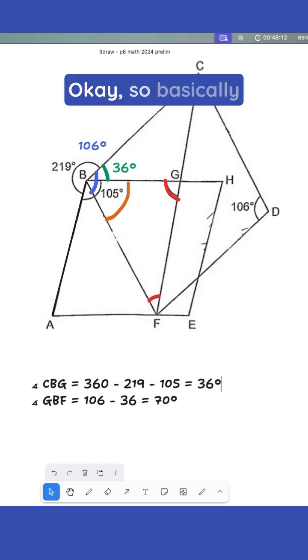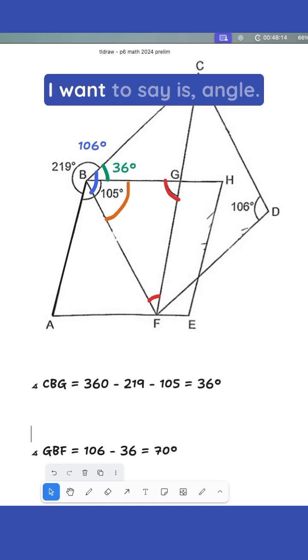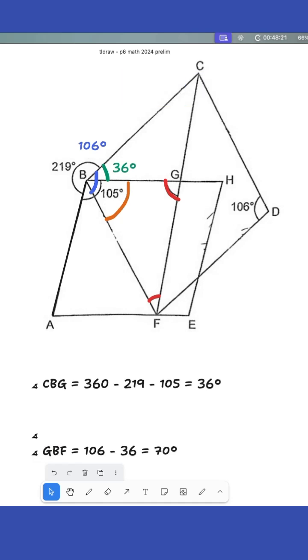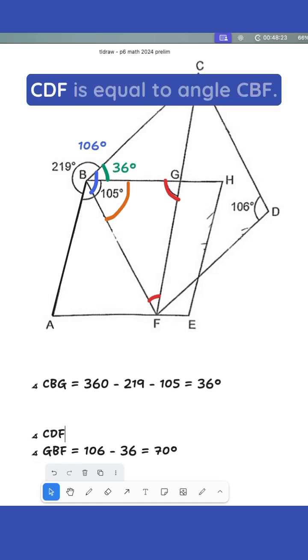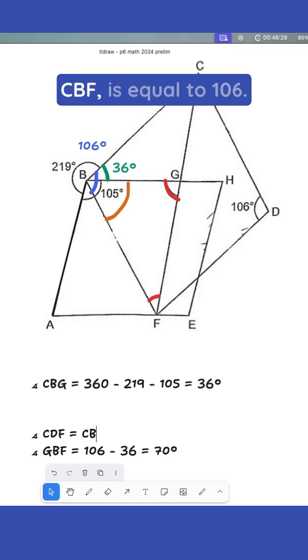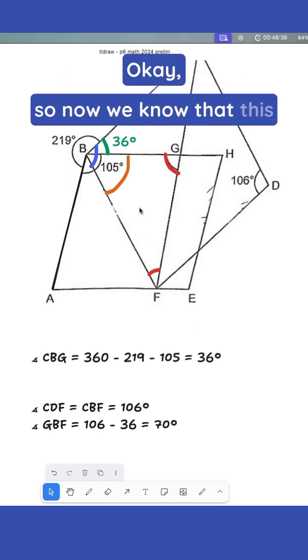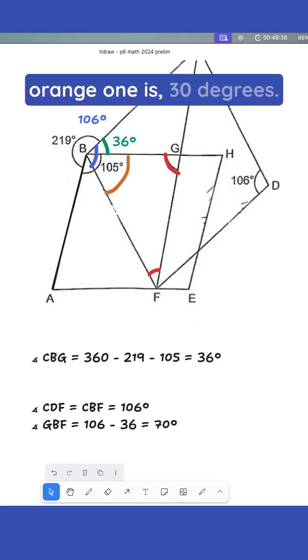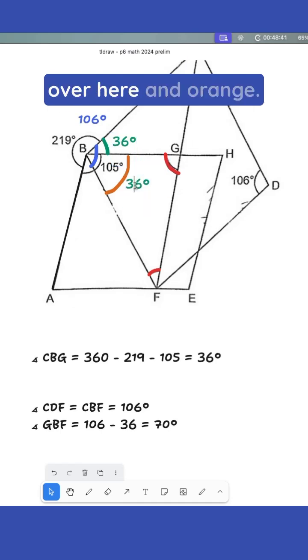Angle CDF is equal to angle CBF, which is equal to 106 degrees. So now we know that this orange one is 70 degrees. I'm going to put this over here in orange.